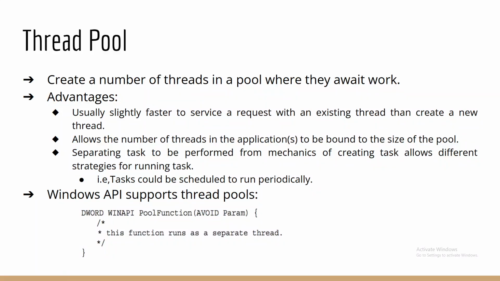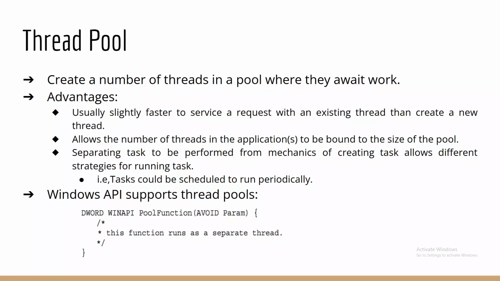This slide also shows a snippet of the Windows API for using a thread pool, where you define a pool function that will be executed by a thread from the pool. Thread pools are a powerful and efficient way to manage concurrent tasks without getting bogged down in the details of thread management.